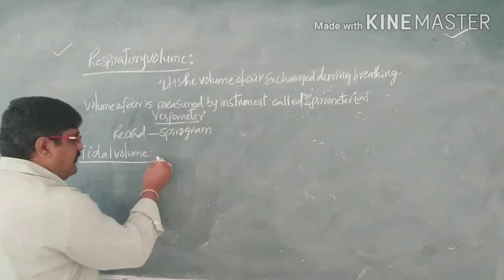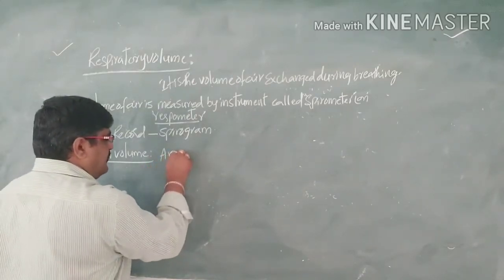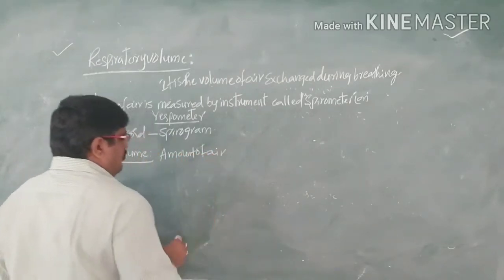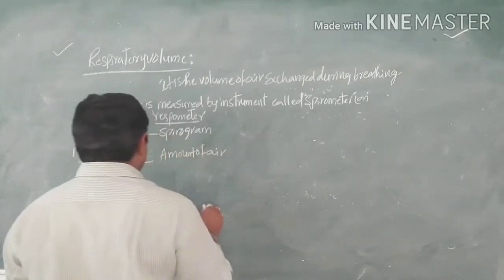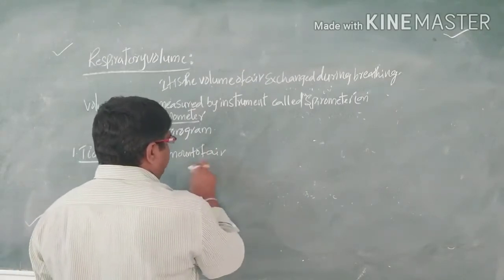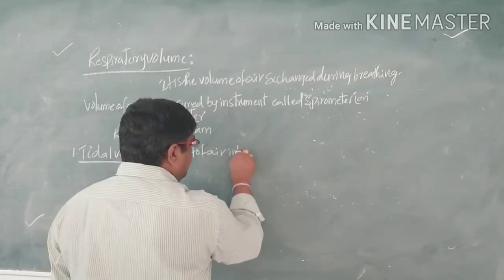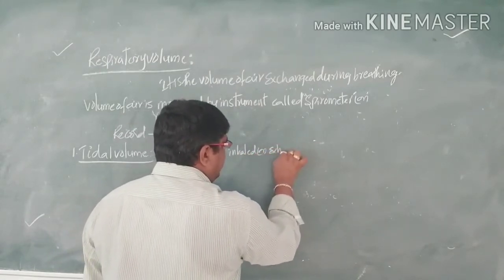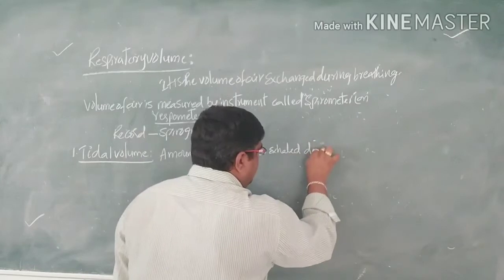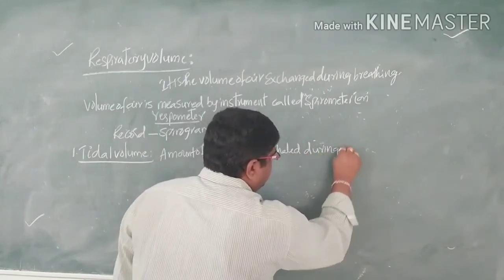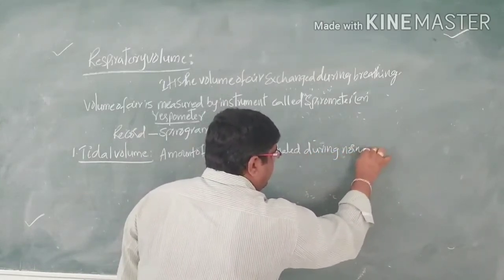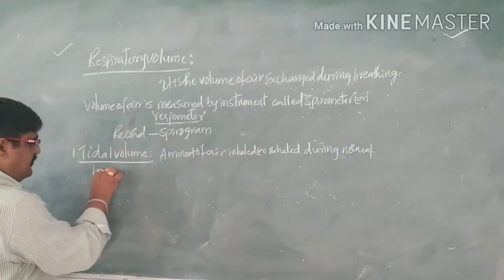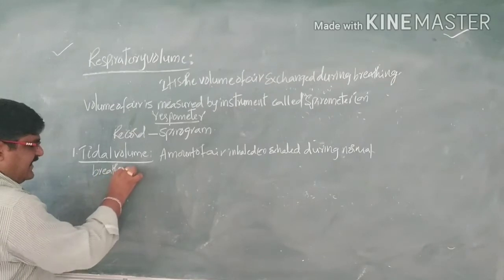It is the amount of air inhaled or exhaled during normal breathing. The amount of air inhaled or exhaled during normal breathing is called the tidal volume.